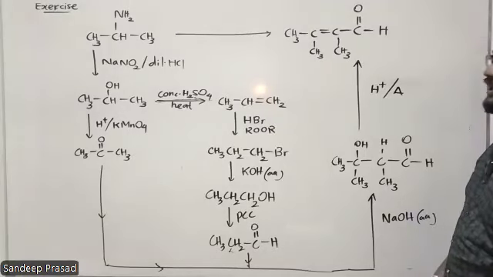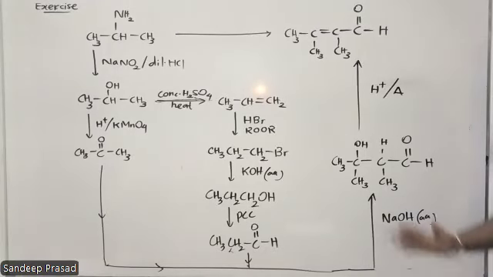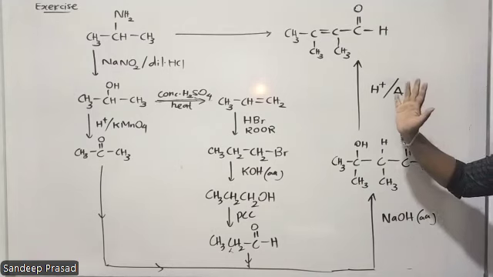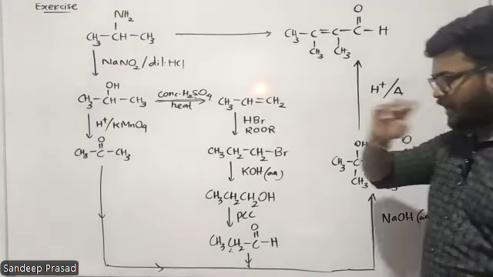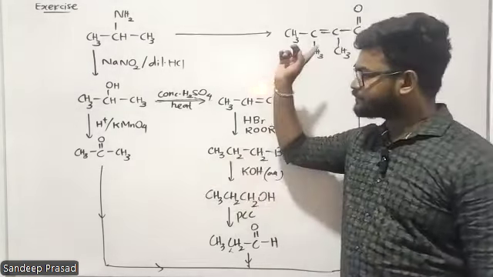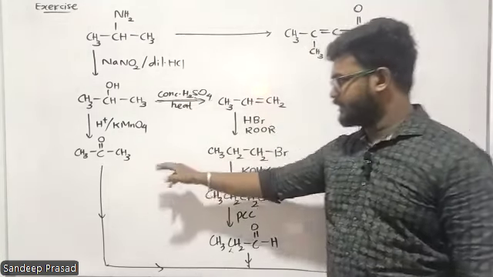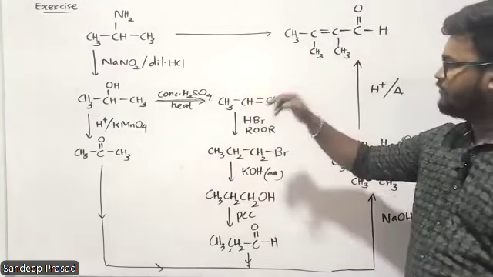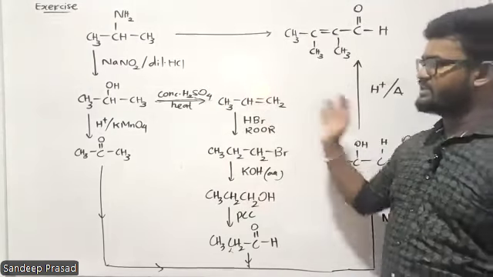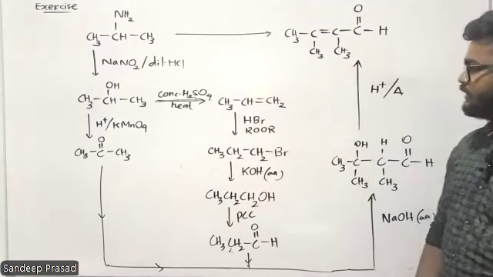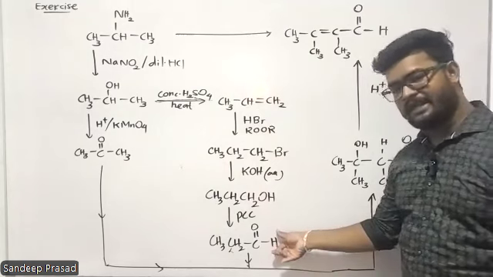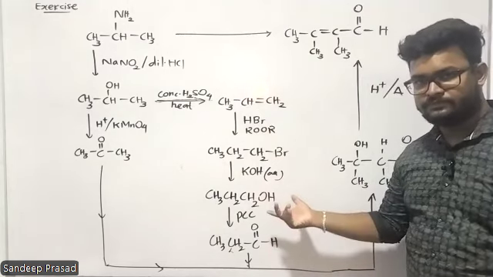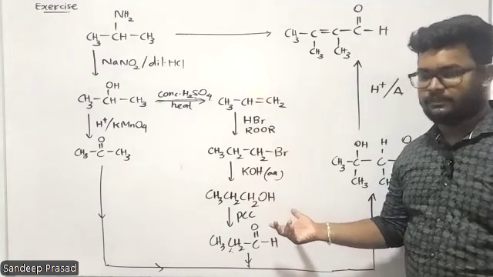Okay. So I didn't use any organic compound from outside. Now I can easily convert this one in 1, 2, 3, 4 steps. Within 3 steps, I can do this one if I add this propanal compound as an outside compound.